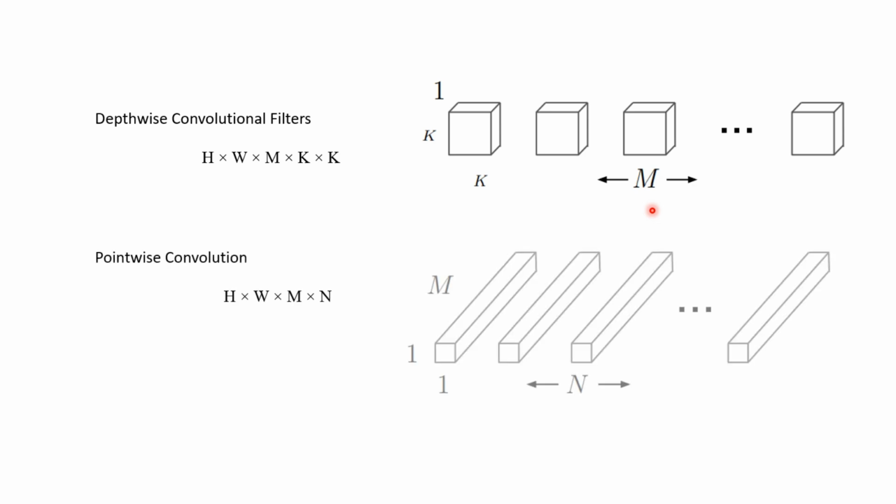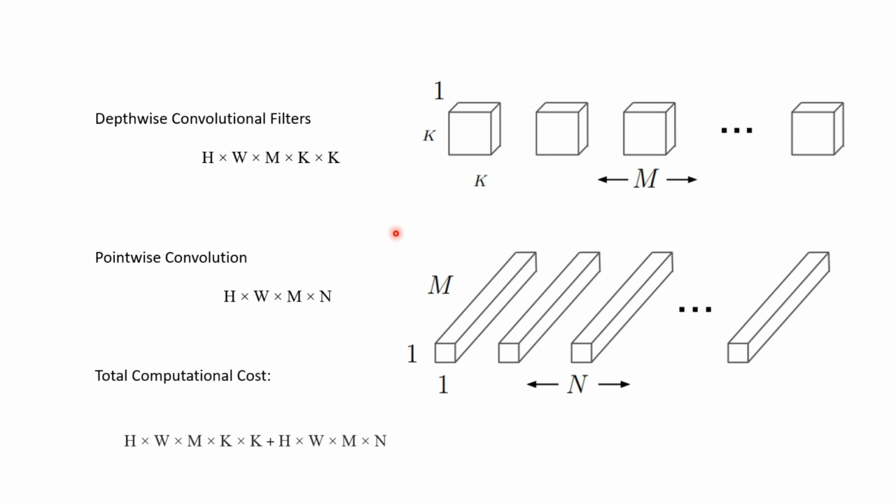Next, a point-wise, one-by-one convolution is applied to combine the outputs of the depth-wise convolution across channels. This step requires h by w by m by n computations. So the total computational cost is this expression.